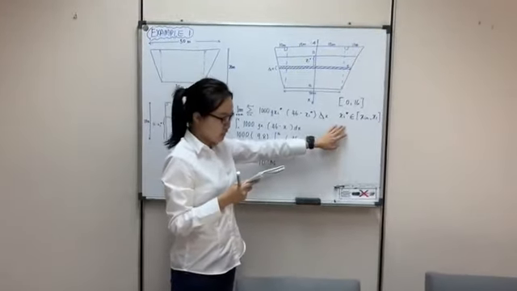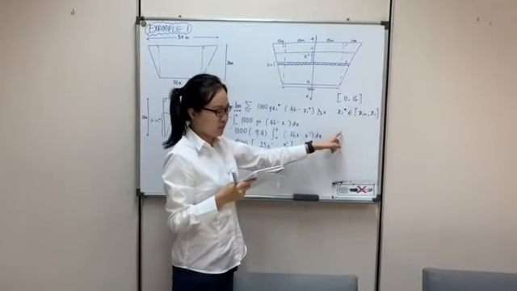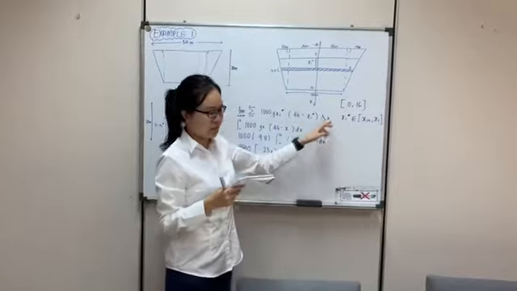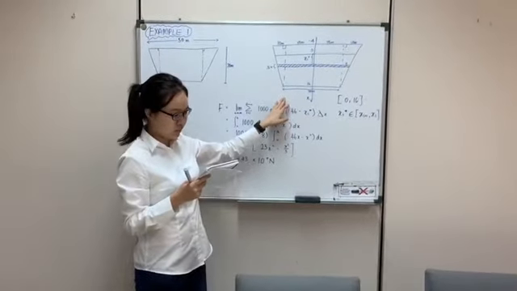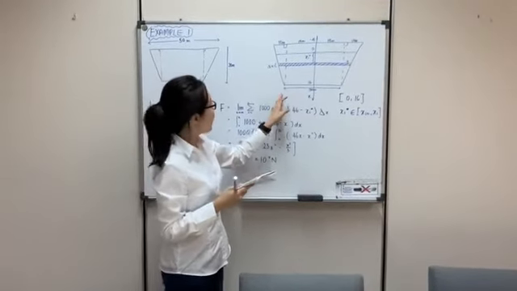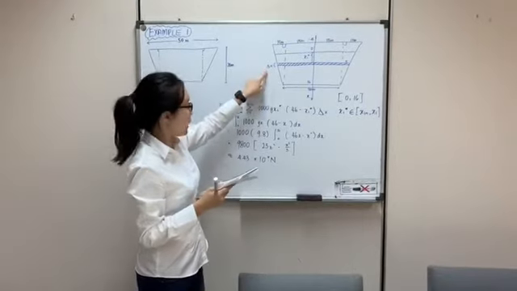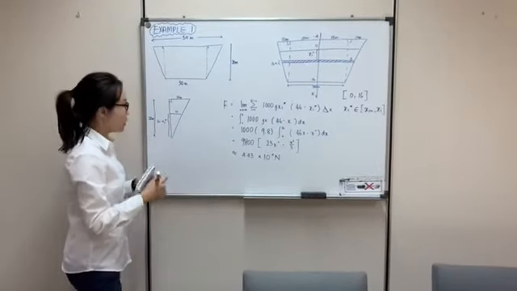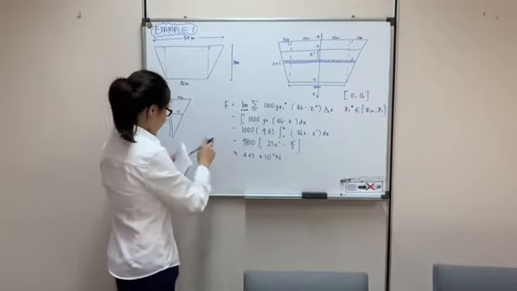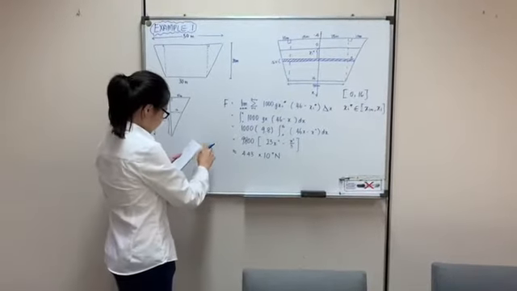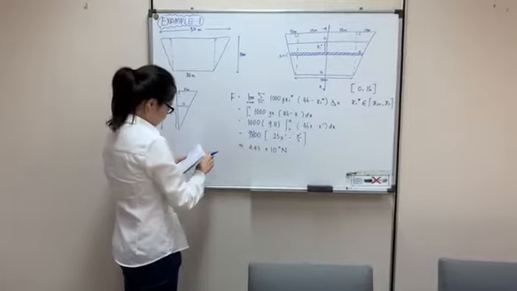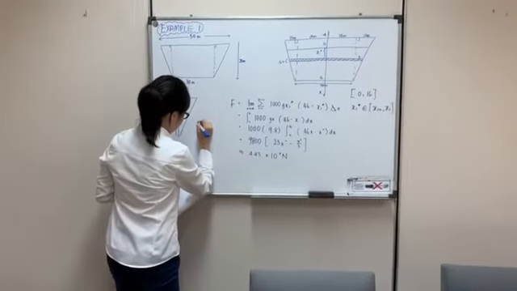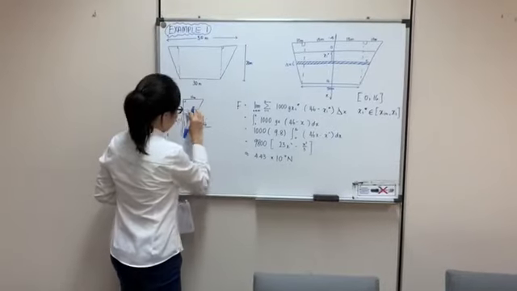The ith horizontal strip of the dam is approximated by a rectangle with the height and the width w. So how do we get the a?